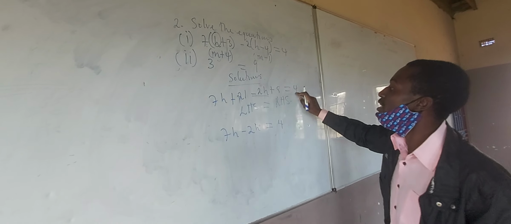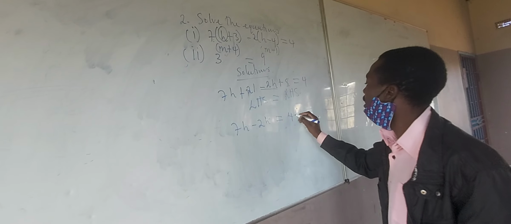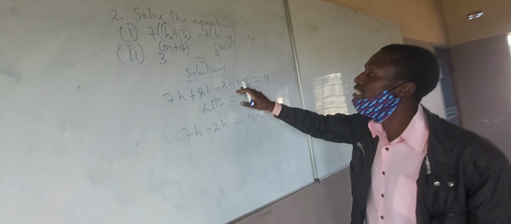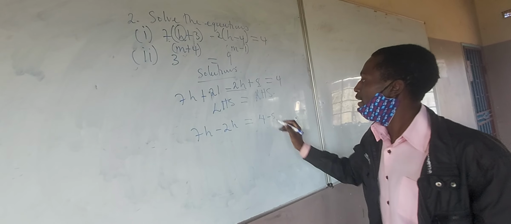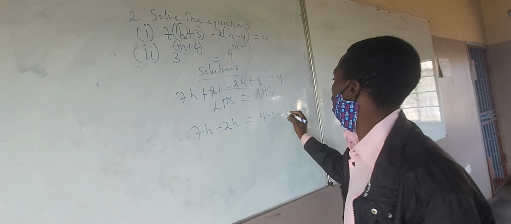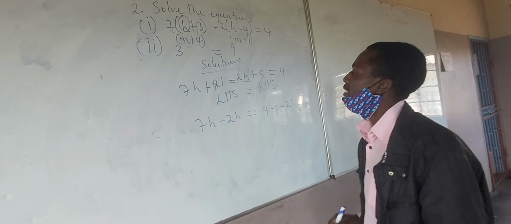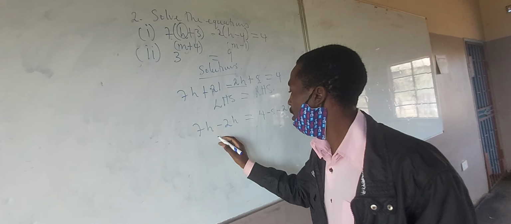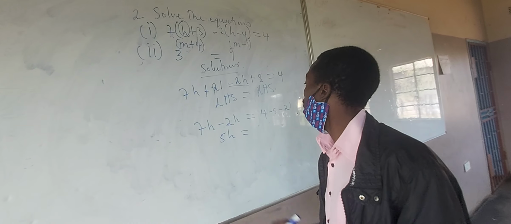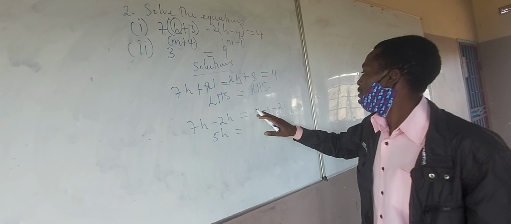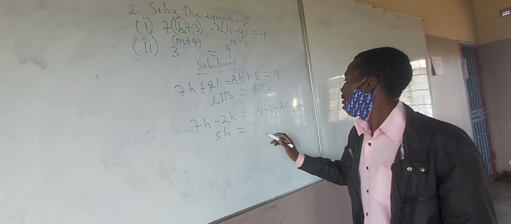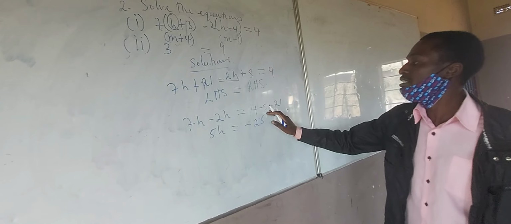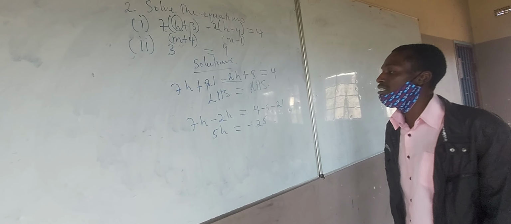This 4, which is at the right hand side, subtracting 8, because as it jumps the equal sign, it will change its sign and be negative. 21 will also be a negative number. 7h subtracting 2h, we get 5h, which is equivalent to negative 25. 4 minus 8 minus 21, we get negative 25.